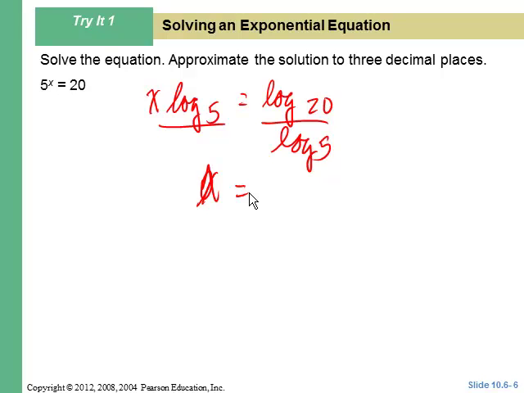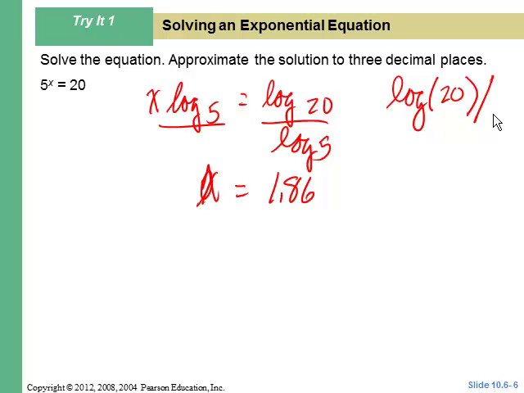So we'll press log 20 divided by log 5, and we get x is 1.86. Now make sure that you close the parentheses, because your calculator comes up like this. Make sure after you enter the 20, you close parentheses before you press the divide by key.